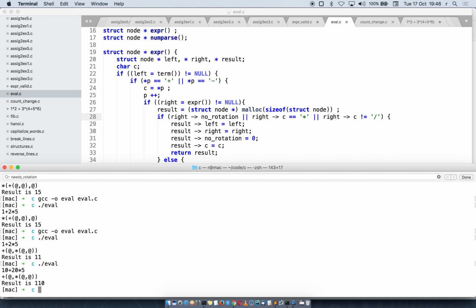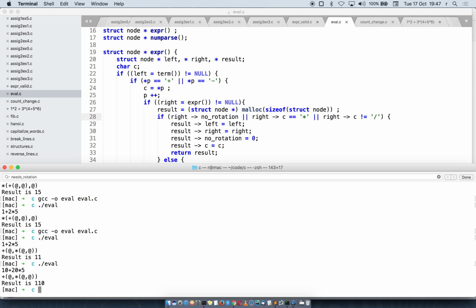So this is my result, this is my right. Previously we would do result dot right equals right dot left. Now result dot right equals rightmost of right.